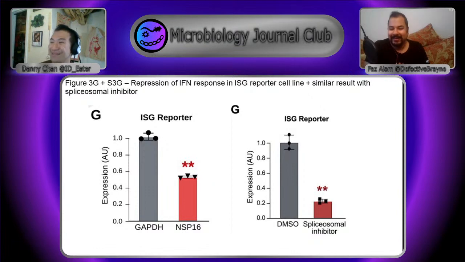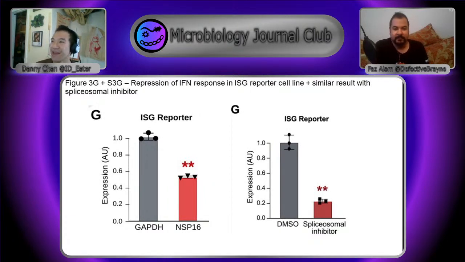Absolutely. And we'll see this tool come back, the ISG reporter. That's a cell line that responds to interferon and creates, I'm not sure what it makes, I think it makes fluorescence potentially. But anyway, it makes something in response, and you can measure that. And so interferon response is a well-known antiviral pathway in our cells.